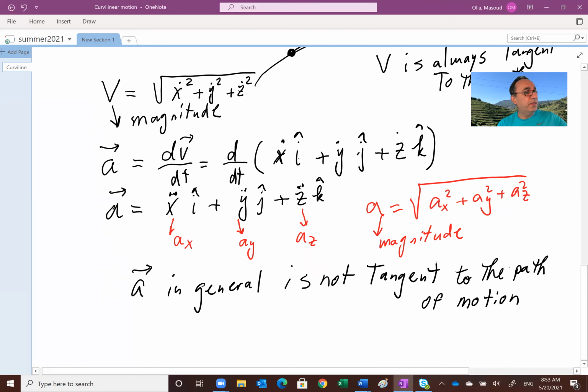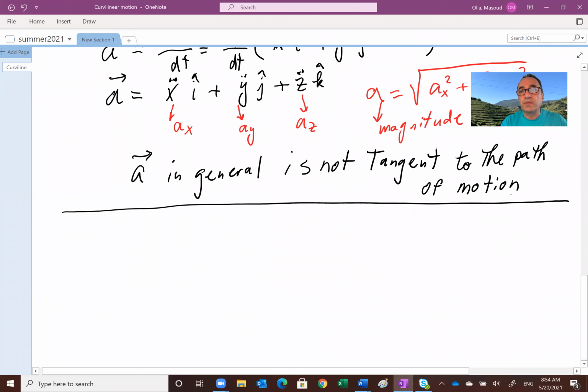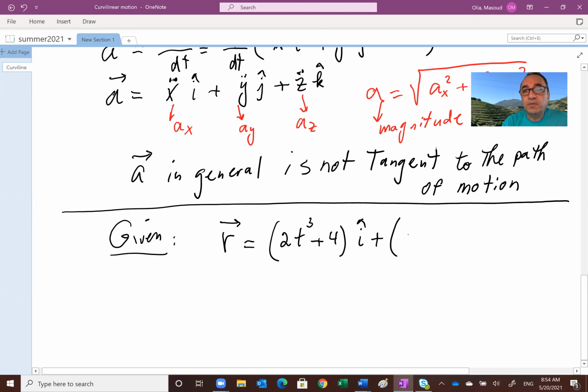All right, let's go ahead and look at some examples. So the first example, I'm just going to make up myself. Let's say you're given the motion of a particle, the position vector of a particle in terms of time, to be (2t cubed plus 4) i plus 6t squared j plus (4t cubed minus 8t squared) k.